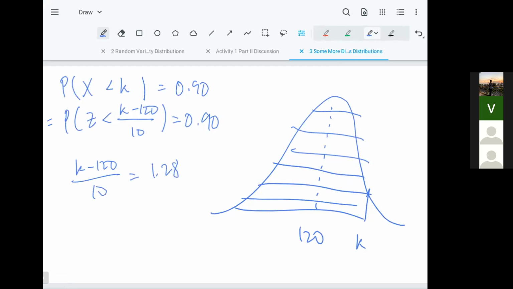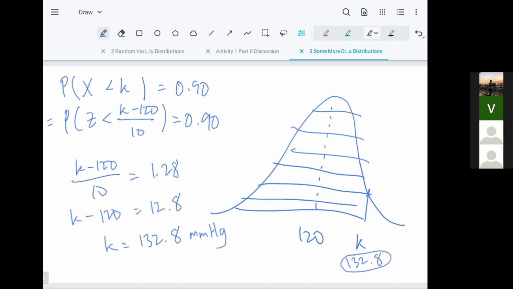So we just solve for k. k minus 120 is equal to 12.8. K is equal to 132.8. Don't forget the units, mmHg. So this score is 132.8.